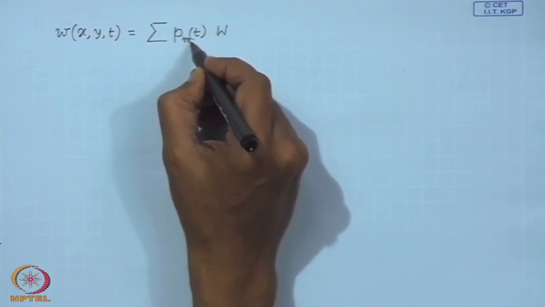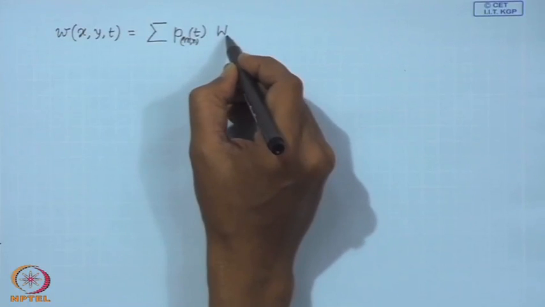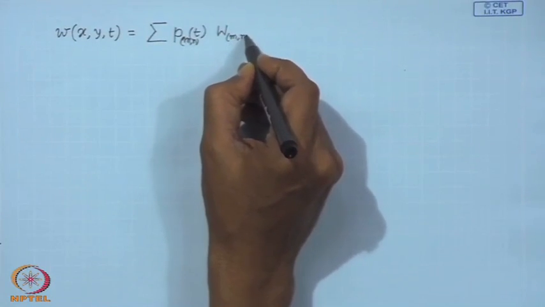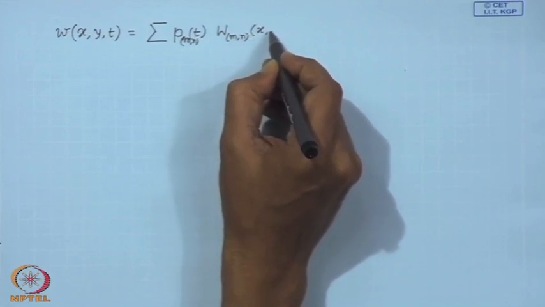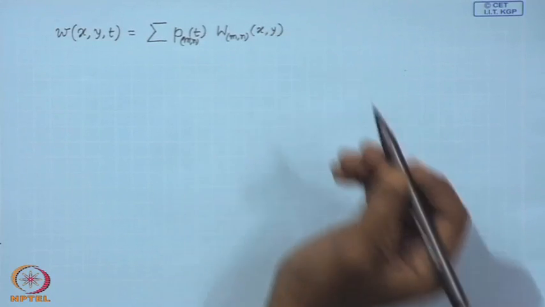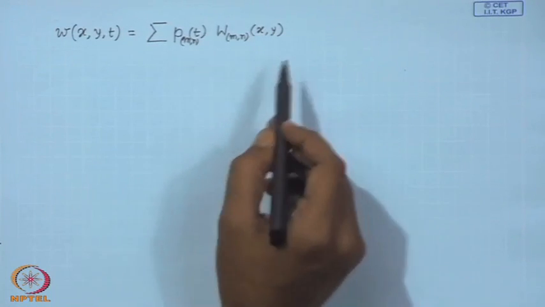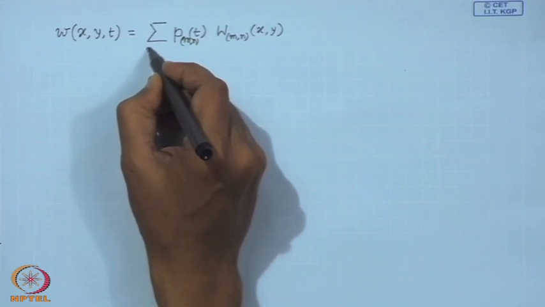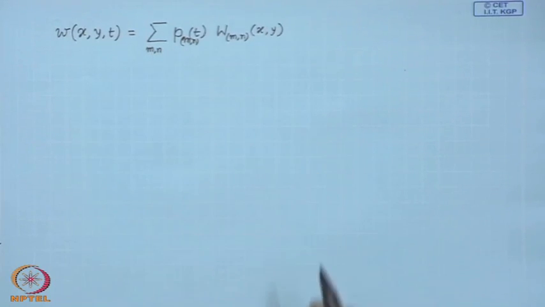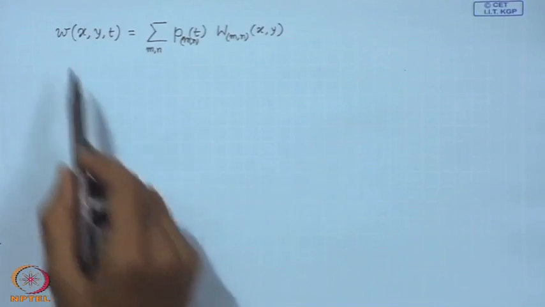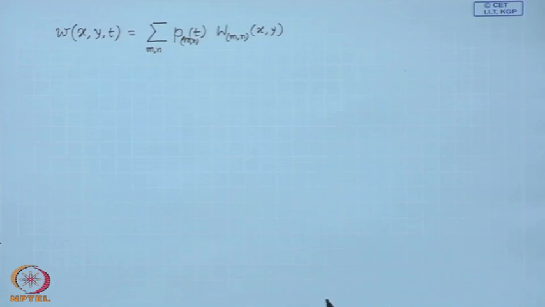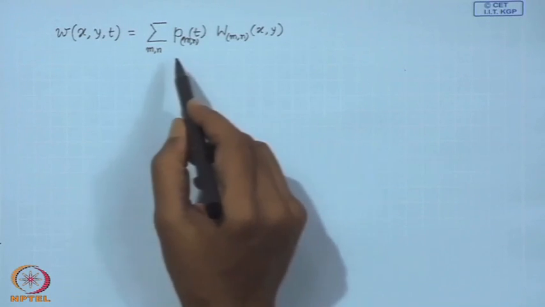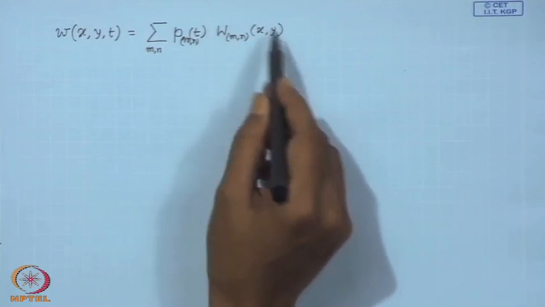There will of course be two indices in this form. So, we have to write the solution as an expansion in terms of some known functions.